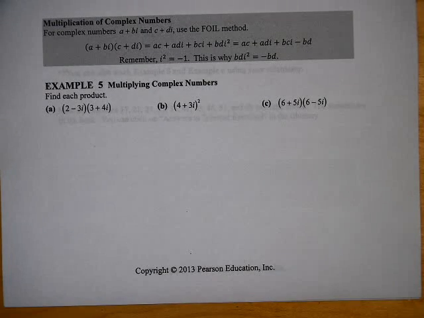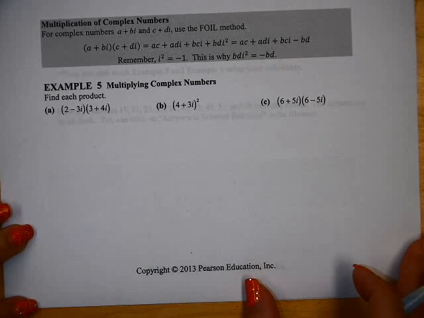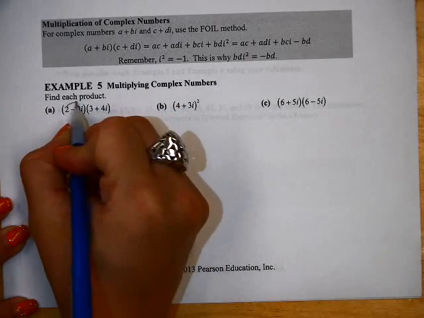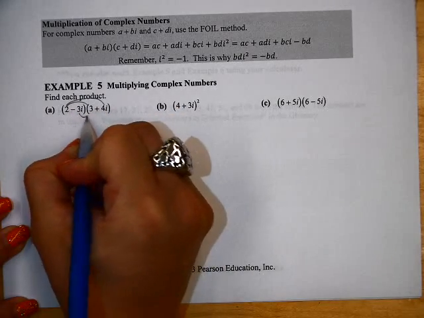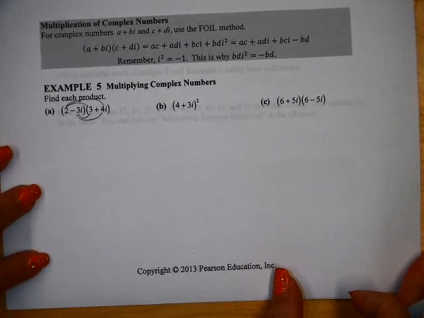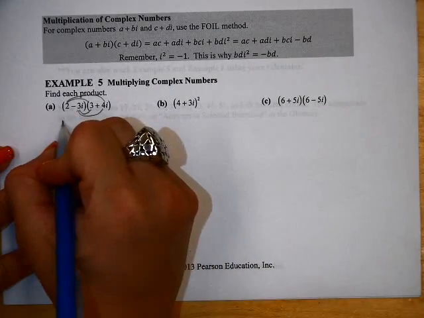And in example 5, your part A, you have 2 minus 3i times 3 plus 4i. So again, we're going to FOIL, keeping in mind that FOIL is first, outer, inner, last. So 2 times 3 is going to give us 6.